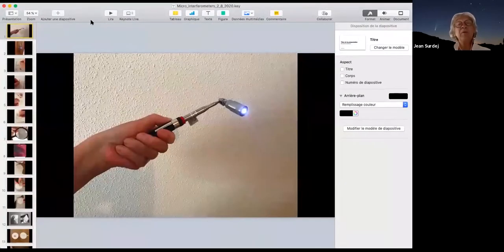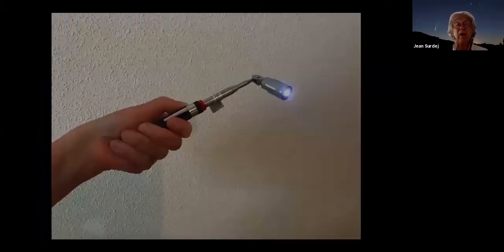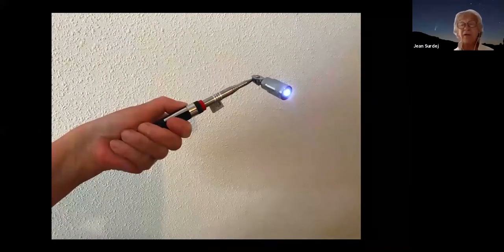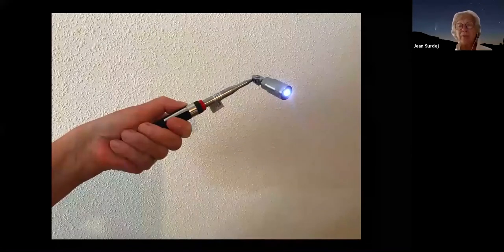So here is the new screen I want to share with you. Here is a light source that we bought for €2. So a very cheap one, made in China, unfortunately.